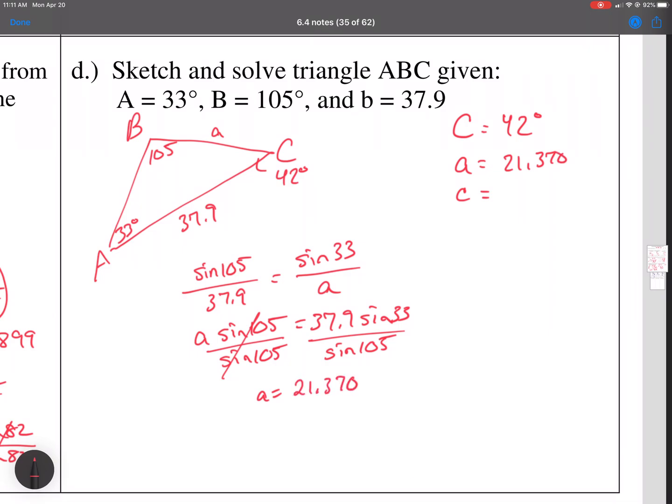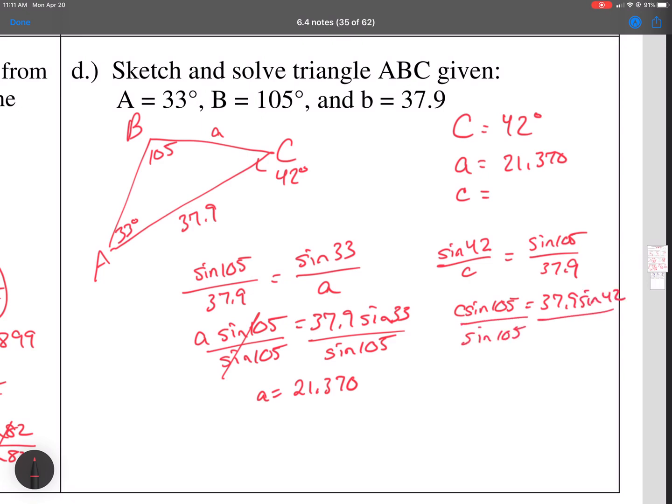All right, next we'll find C. So sine of 42 over little c equals sine of 105 over 37.9. Same thing, cross multiply. C sine of 105 equals 37.9 sine of 42, divide by sine of 105.